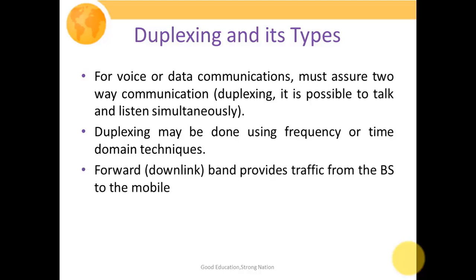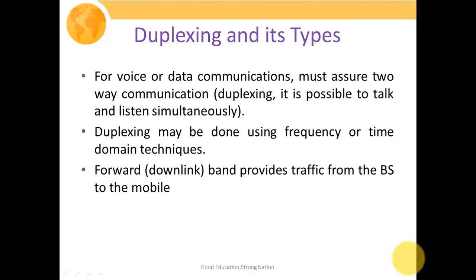The forward band provides traffic from the base station to the mobile station. When we discussed cellular communication, we described two sorts of links, the forward link and the reverse link. In forward band transmission there is a signaling flow or traffic from base station to mobile station, whereas in the reverse link it is vice versa, that is, signaling passes from mobile station to base station.